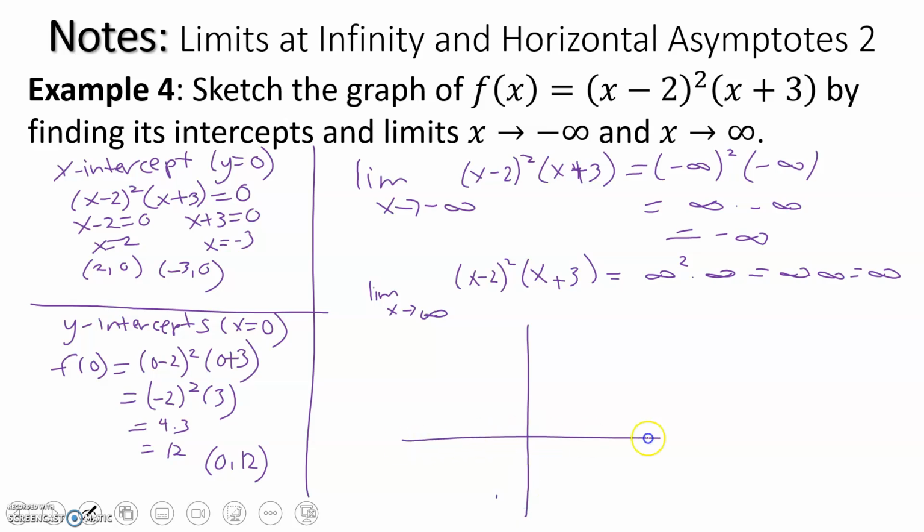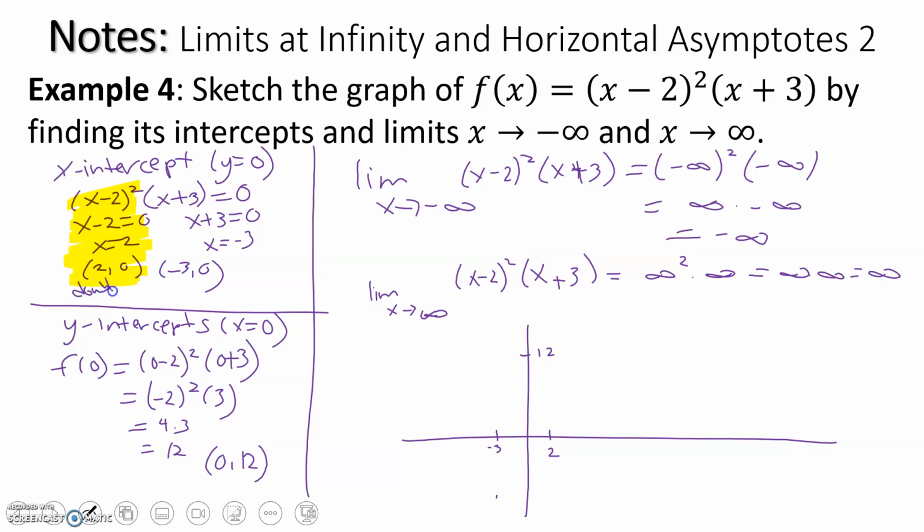Now this should give us enough information to get a nice sketch. We know we cross at 12 on the y-axis, at negative 3 on the x, and at 2. We know that because this x squared produces this root or x-intercept that's 2, that creates in math what's called a double root.